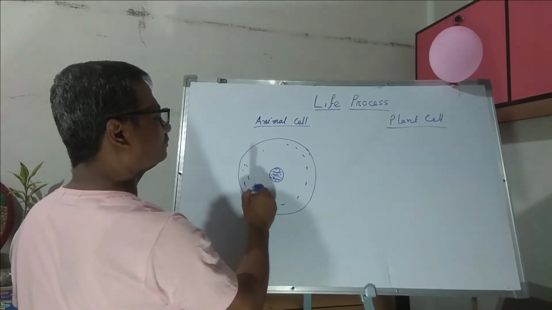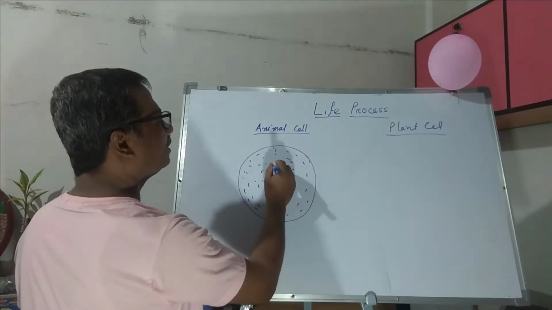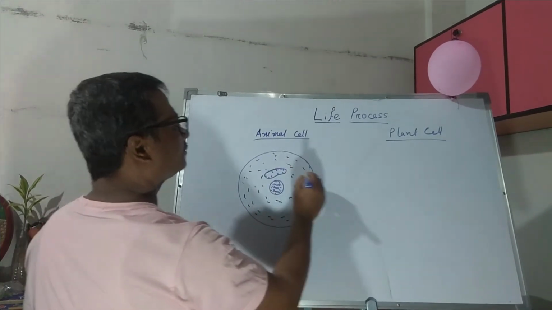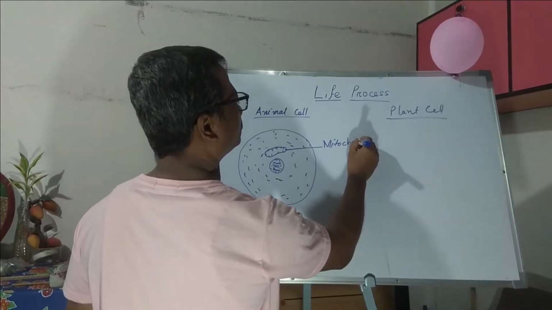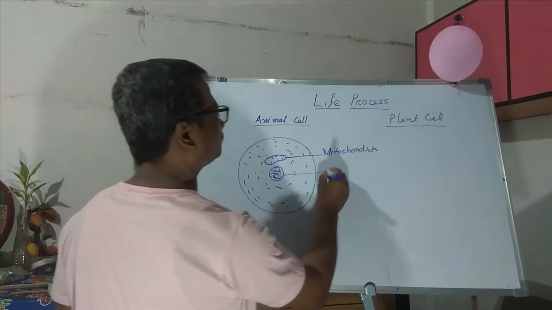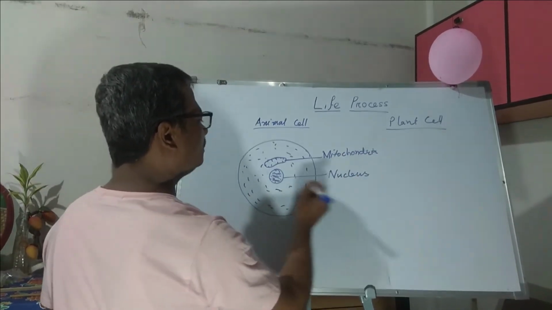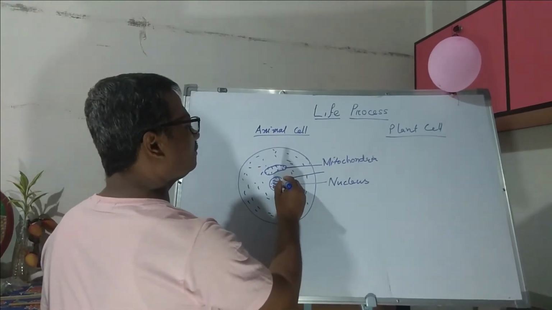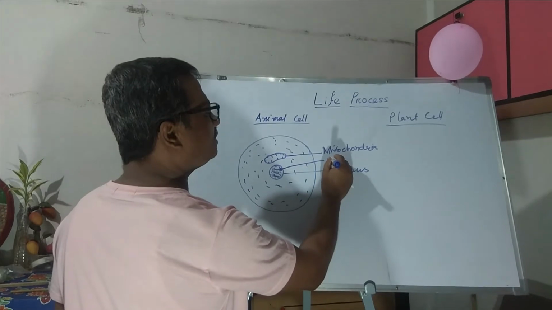This is the structure of the animal cell: mitochondria, nucleus. Inside the nucleus, there are dot-like dense particles. This is called nucleolus.